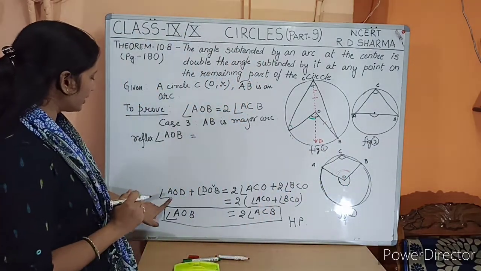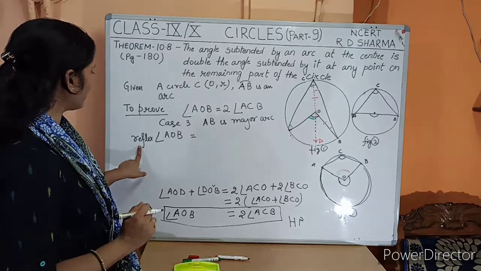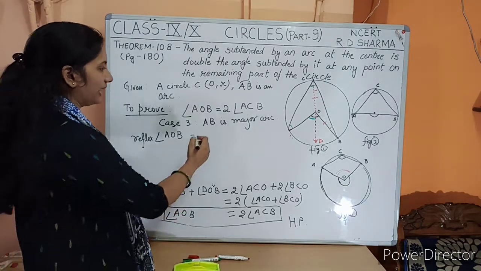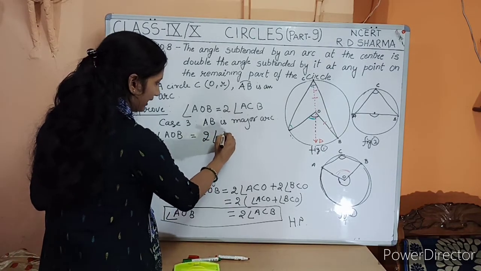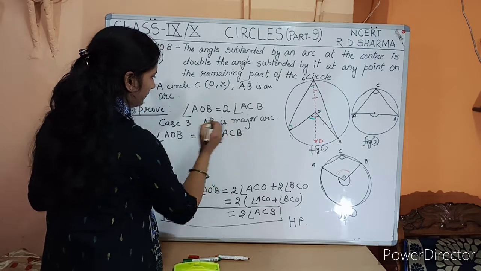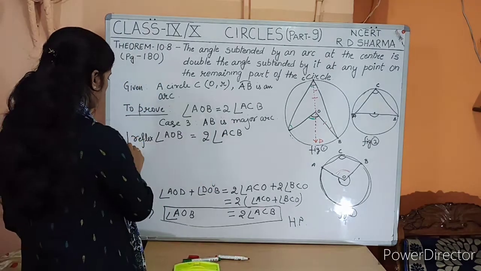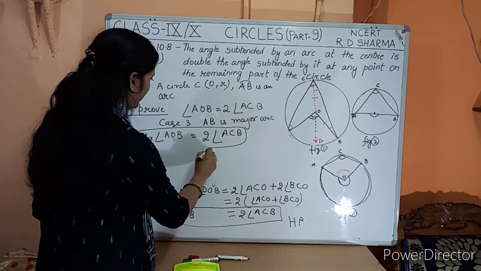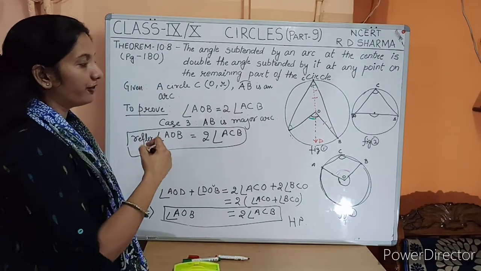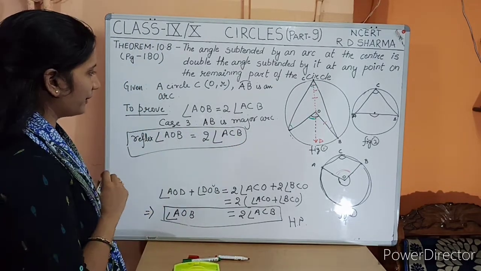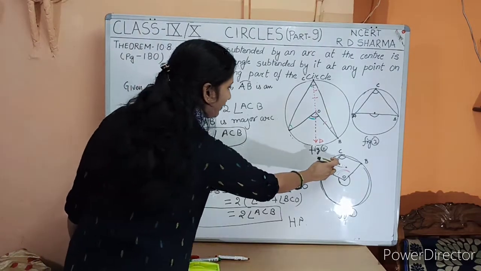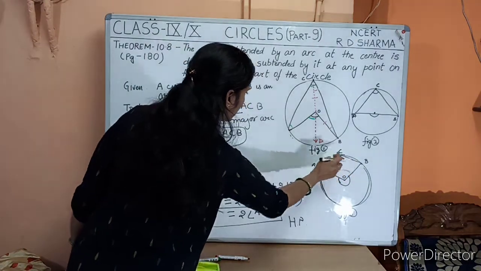So simply instead of writing AOB, we will write reflex AOB equals twice of angle ACB. So this is case 3 where we have proved that the reflex angle AOB must be equal to twice of angle ACB, this angle.